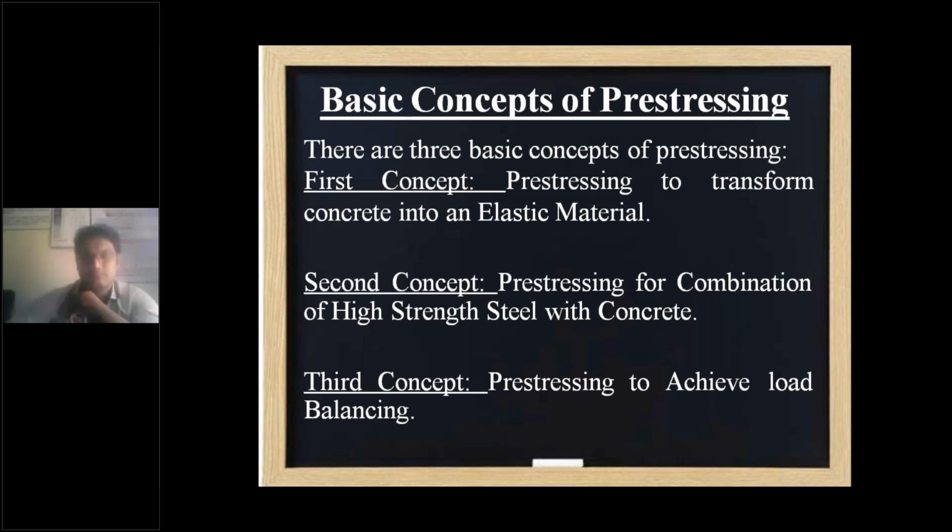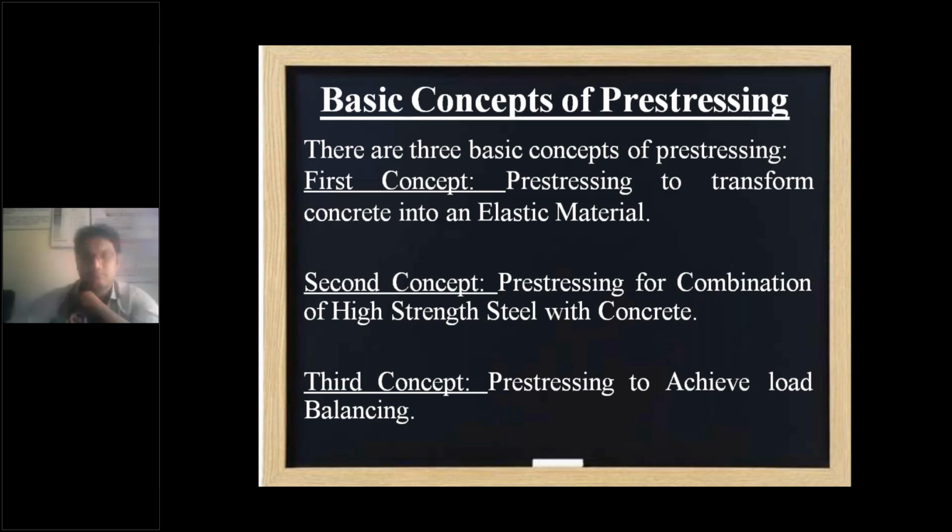We all know concrete is a brittle material, but still it will have a few elastic properties. So in the first concept, we have to transform concrete into an elastic material. Then only can you squeeze the concrete in the upward direction, right?